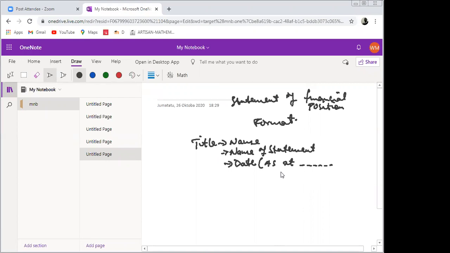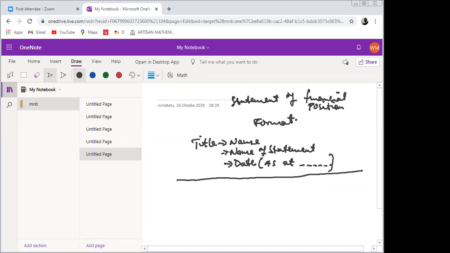But for the income statement, it is for the year ended. That is the difference, and you need to have it in mind. Having said that, you proceed to the body part. So this title is supposed to be underlined. Once you have it, you normally underline, and then you go to the body part.